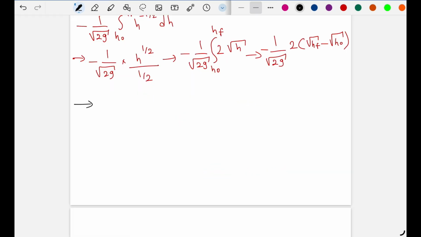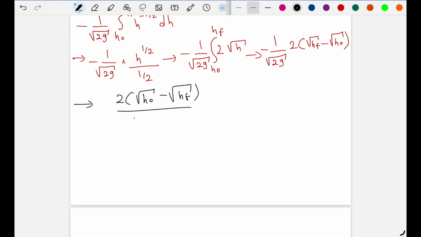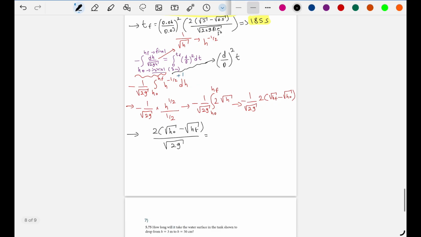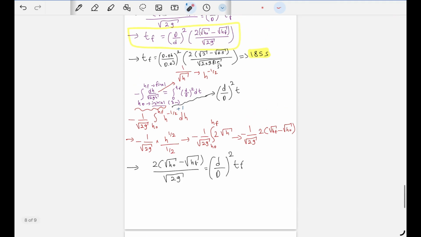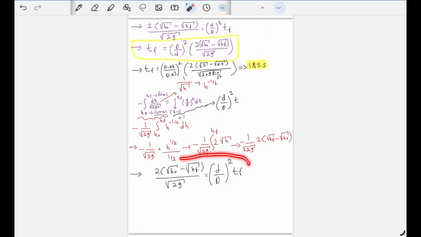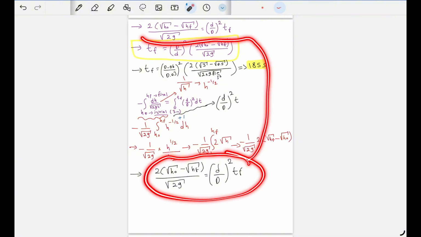So briefly, we just applied this minus sign into this hf and h0, and then we can get the same value, the same equation here.